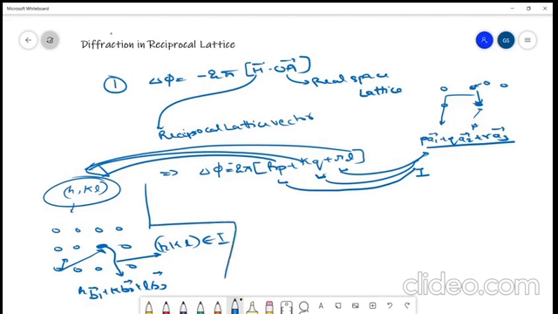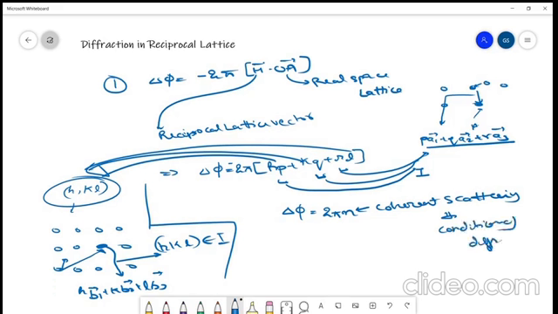Now what I'm going to show right now is delta phi is actually 2n pi, for coherent scattering, or you can say for condition of diffraction. For diffraction spot to occur, diffraction spot only occurs at constructive interference.